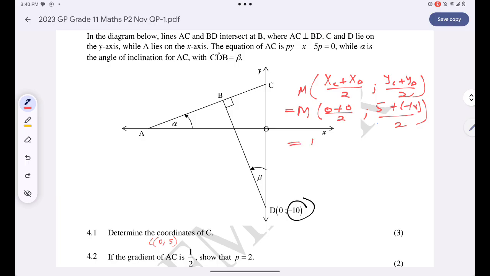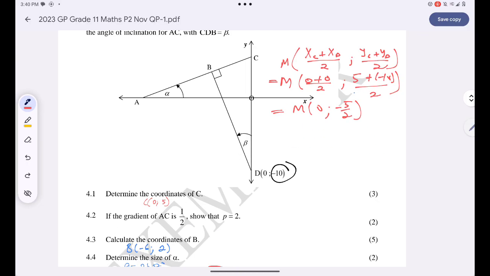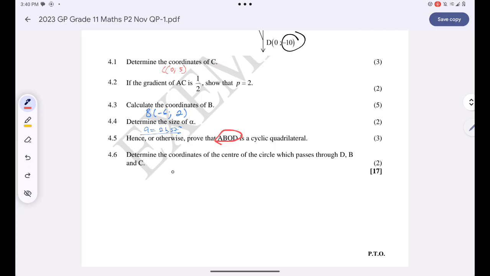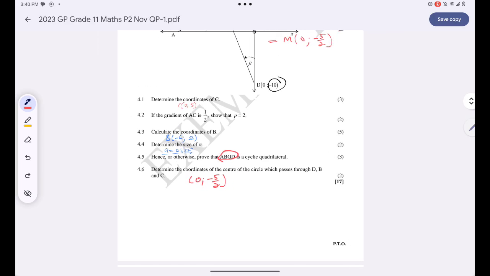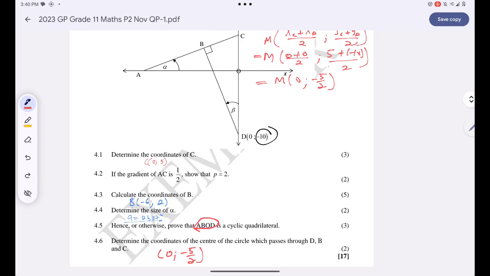So my coordinates, I have 0 and negative 5 over 2. So this will be the coordinates of the center of the circle. The coordinates of the center of the circle are 0 and negative 5 over 2. That's how you would have tackled the fourth question.